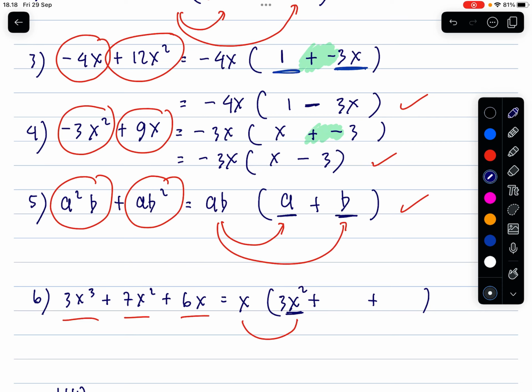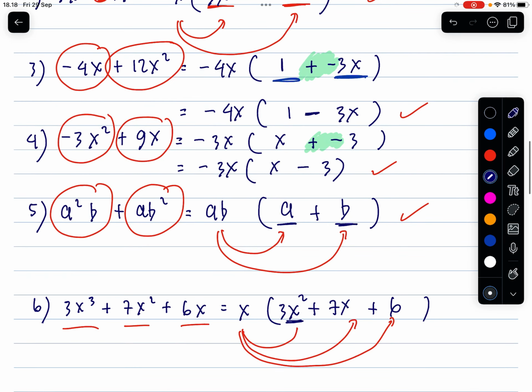I multiply by 3x squared. X multiplied by what equals 7x squared? I multiply it by 7x. X multiplied by what equals 6x? I multiply it by 6. So there you go. Yes, the common is only x.